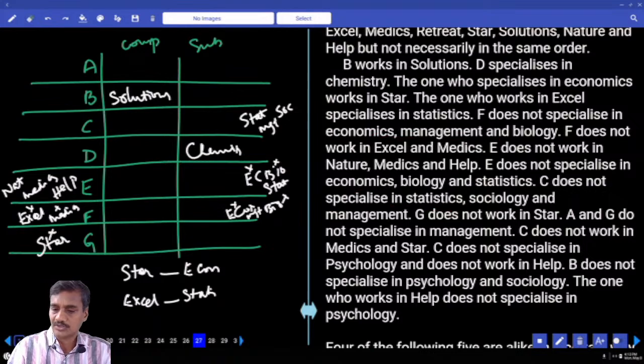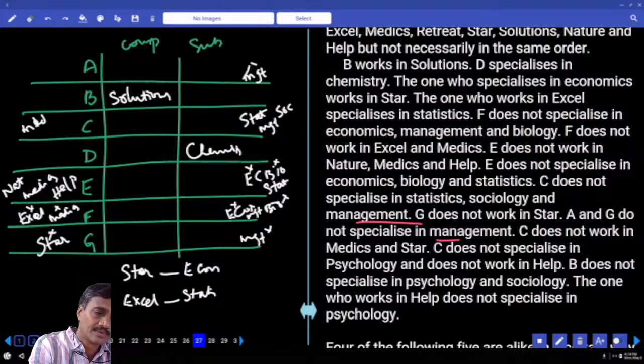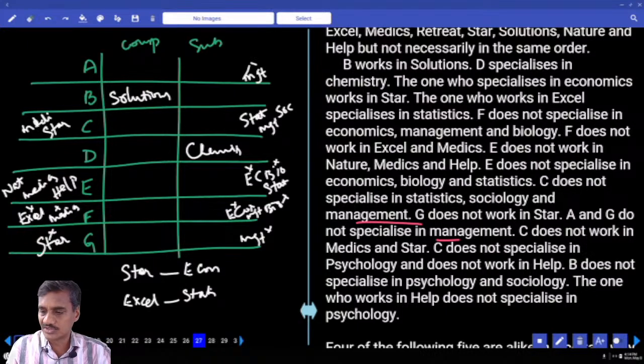A and G do not specialize in management, so management is ruled out for both. C does not work in Medics and STAR, so neither of those for C.